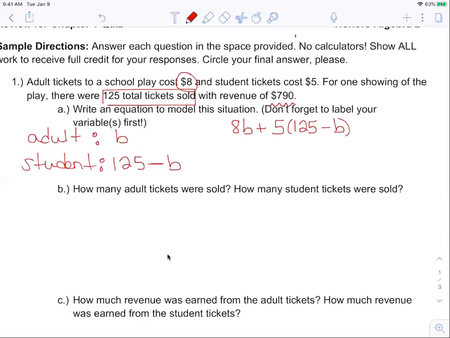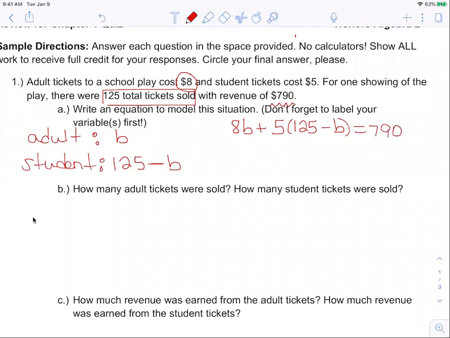Write an equation, one single equation. We have an equal sign. What's the equation equal to? Maddie, sorry. What's the equation equal to? 790. Yeah.